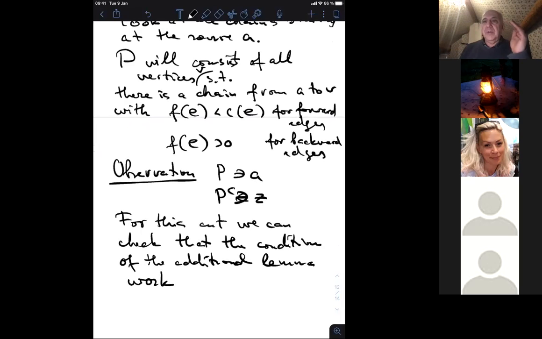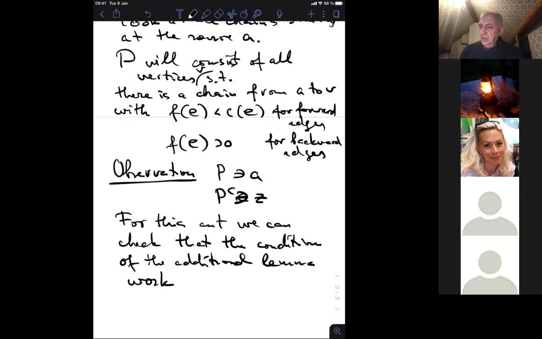That means that if we have an edge from P to P complement, then the flow should be equal to the capacity, or if there is an edge going backward, for this choice of a cut, then the flow should be 0. So there is a small argument, but I'll probably jump over it.